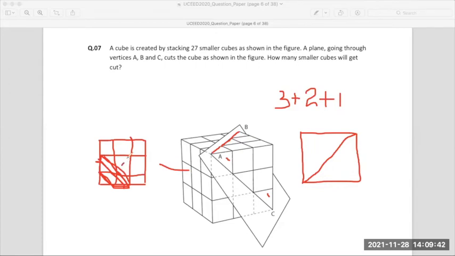Will this and this box be cut or not? Partly, अंदर से, बाहर से नहीं दिखेगा बस. Partly, not the whole 45 degree, but partly, बाहर से नहीं दिखेगा, अंदर से. Let me draw it with a different color. Okay. Will this and this cube which comes in the middle, will they be cut partly from the inside or not?